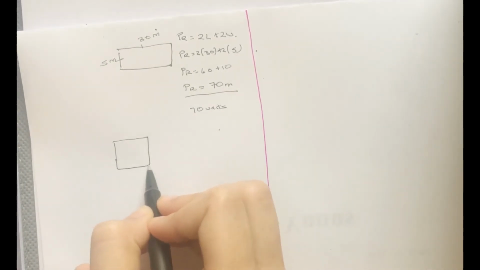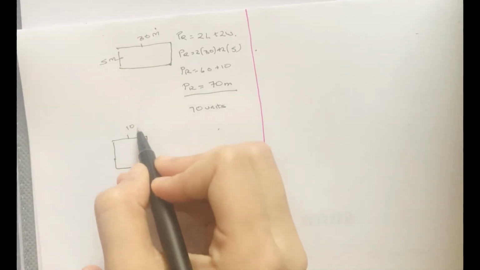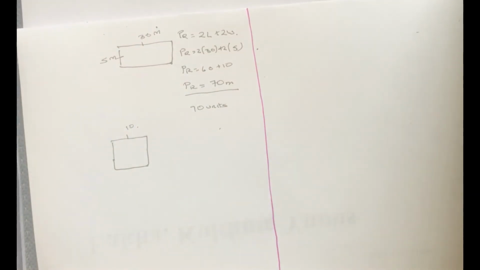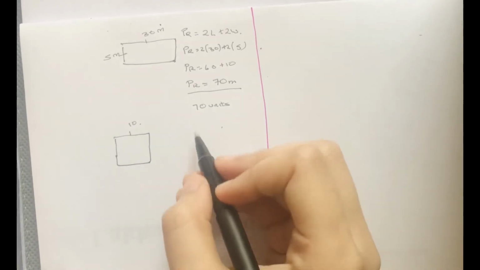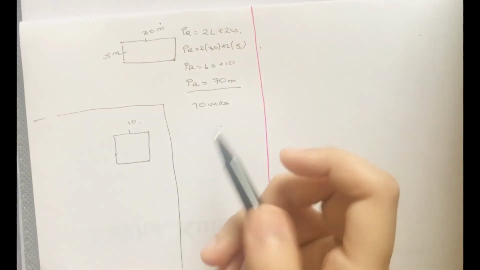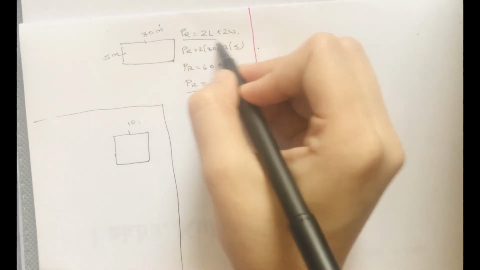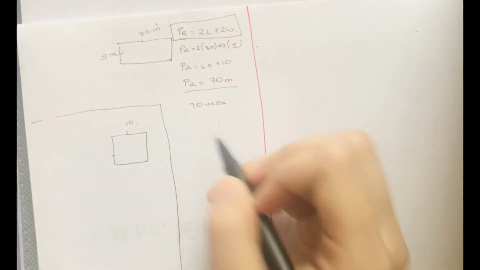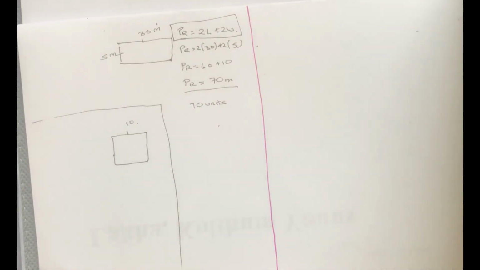Okay, now let's look at a square which has side 10. Before we go to squares, you might have noticed, or you might not, let me just mention it. Let's continue with rectangles. This is your formula for the perimeter of a rectangle: PR is equal to 2L plus 2W.